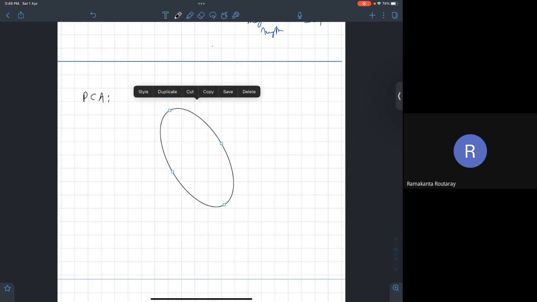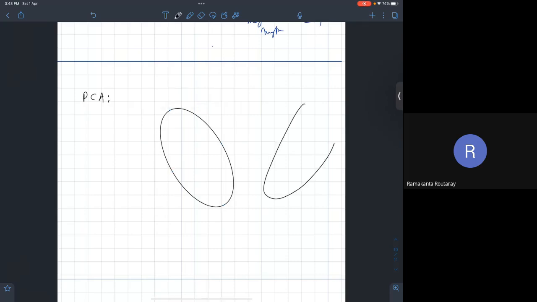Sir, but the previous one you drew a circle, but when we rotated, it became an ellipse. No, I'm not talking about that. I'm just saying that if you apply an orthogonal transformation, you can go from here to there. Sorry, I'm just struggling with this app to draw an ellipse.